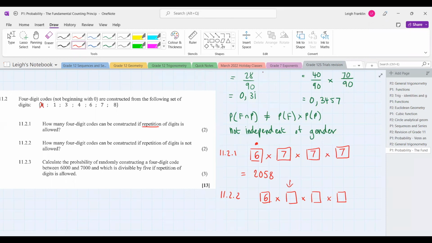But we're allowed to use the 0. So that means there are 7 digits, and we've got one less digit that we can choose from. So here there would be 6 digits we can choose from. Because repetition is not allowed, there would be 5 digits there that we could choose from, by 4 digits over here that we would be able to choose from.